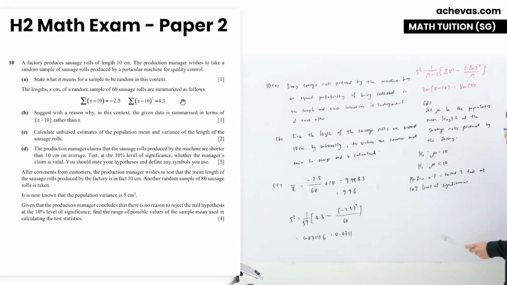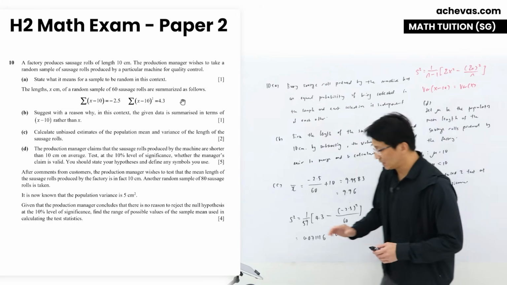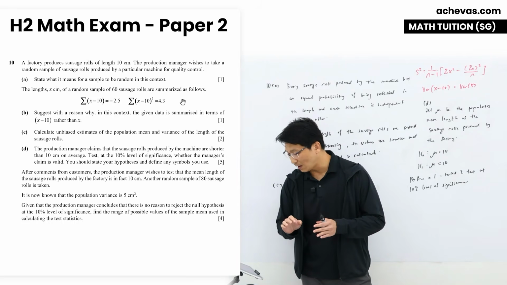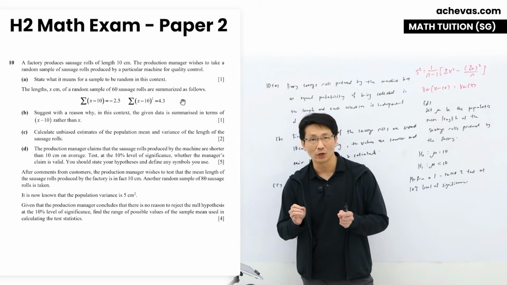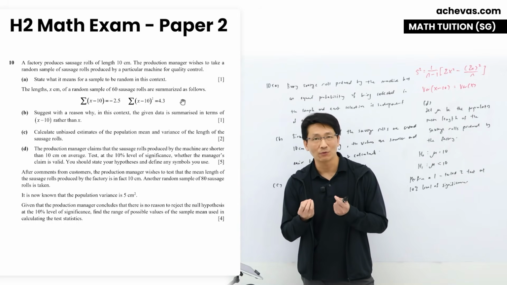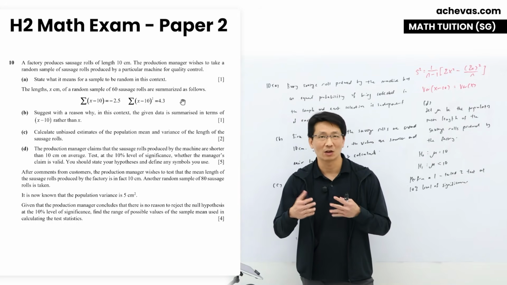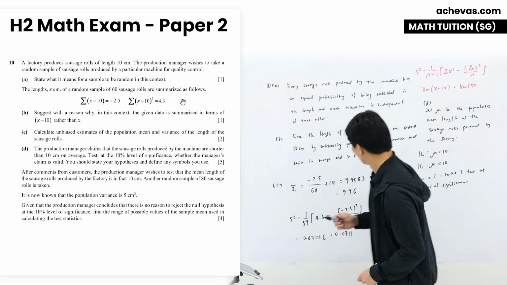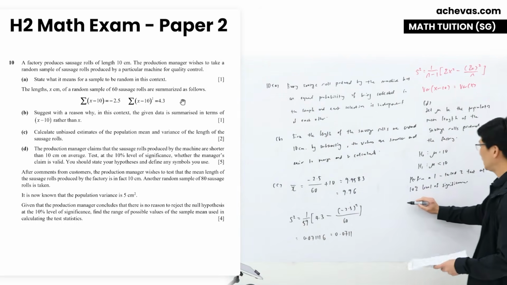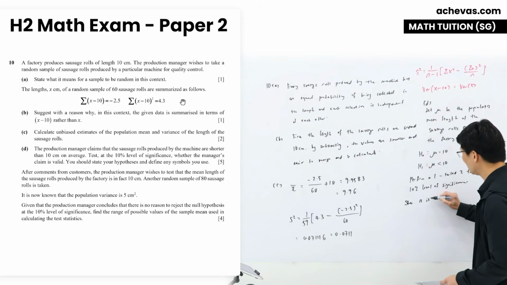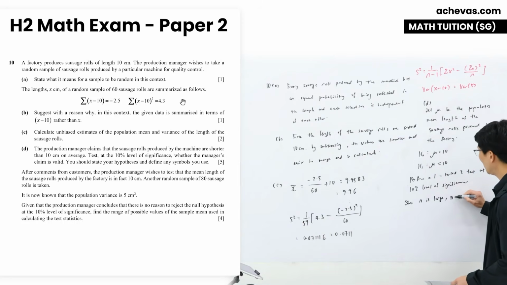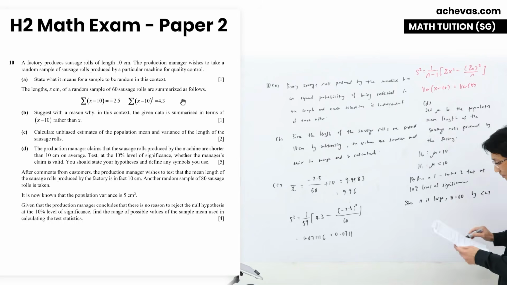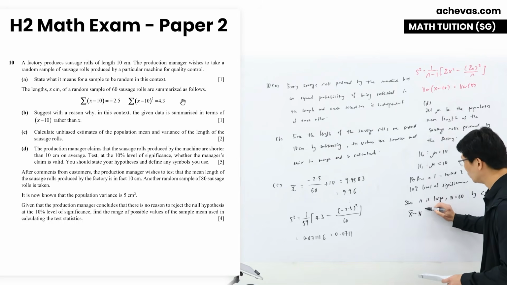Right, so in this case, if I look at all the information provided for us, we didn't see any evidence that X is a normal distribution. So in this scenario, we probably have to make use of the central limit theorem, because in order to perform the test, our X bar must be a normal distribution. I will write: since n is large, n equals 60, by central limit theorem, X bar will be a normal distribution.